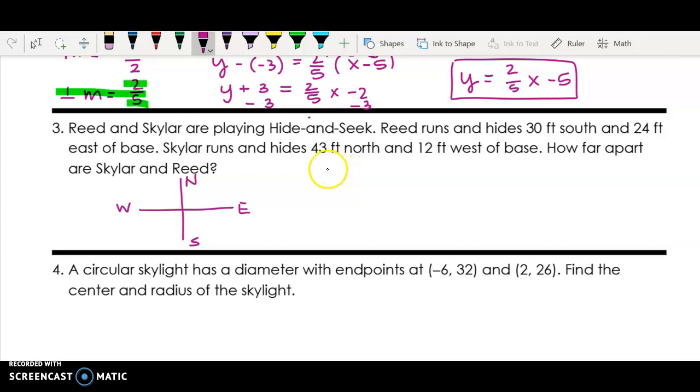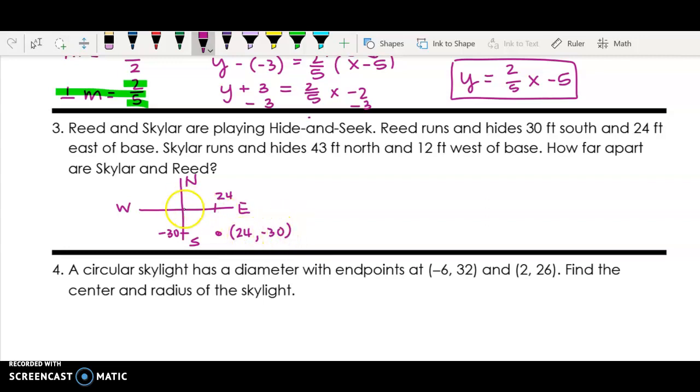So Reed runs and hides 30 feet south, so he's going 30 feet in this direction. So that's -30, and then 24 feet to the east. So here he is at +24, -30.